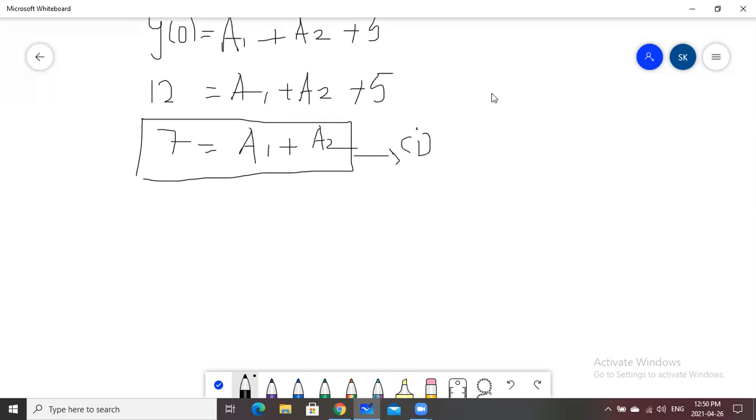we know that the value of y of t is equal to yc plus yp. Again, we write it as y is equal to a1 e raised to power t plus a2 e raised to power minus 2t plus 5. I'll write the equation again so that when we find the first order derivative, it is easy for you to understand how I have taken the derivative.